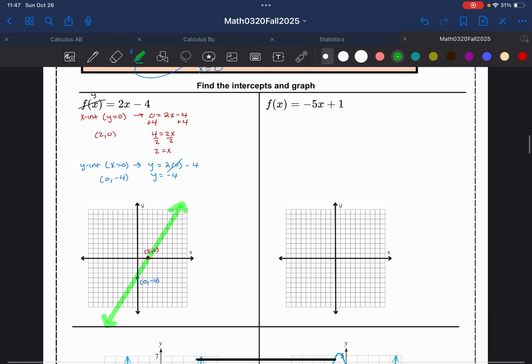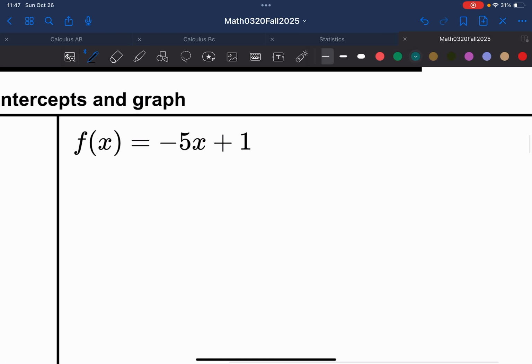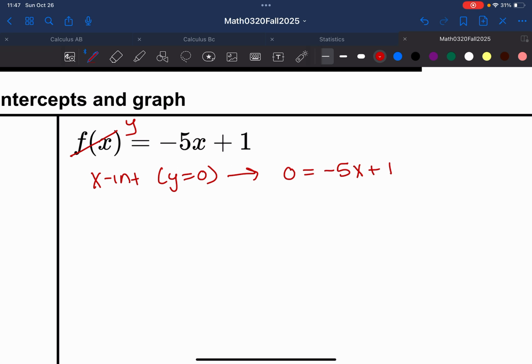Okay, same thing for this one. Here is my x-intercept, that's when y is equal to 0. I know that's a fancy way of saying y. So 0 is equal to negative 5x plus 1. Subtract 1, I get negative 1 is equal to negative 5x. Divide by negative 5.